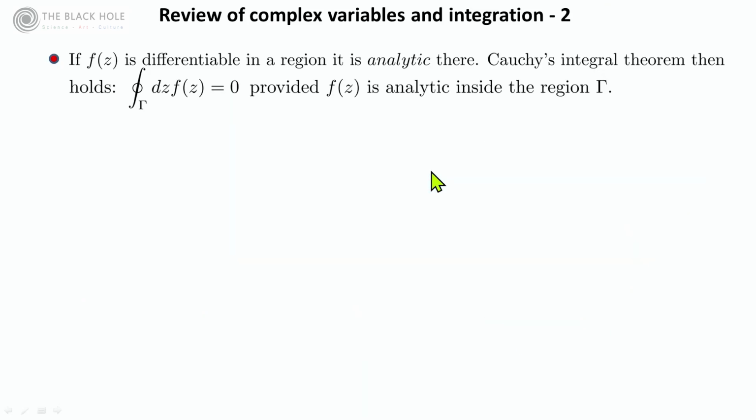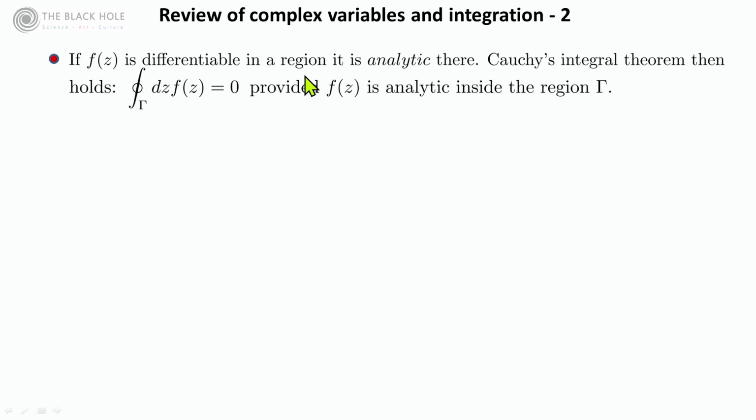Okay? We have to now do a little more complex variables. Suppose f is differentiable in a region, then it's called analytic over there. And then Cauchy's integral theorem says that if you integrate on any contour that surrounds that region and there are no singularities inside, so no poles, no branch cuts, no nonsense inside, then this integral is equal to 0.